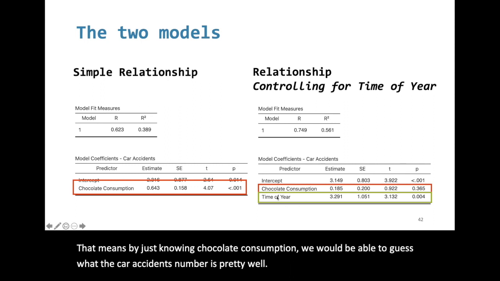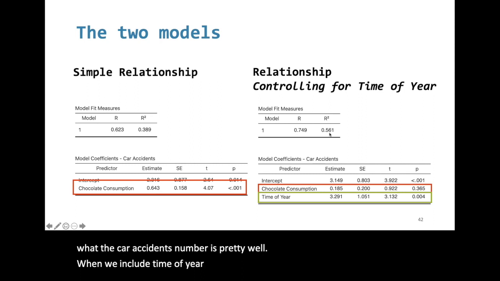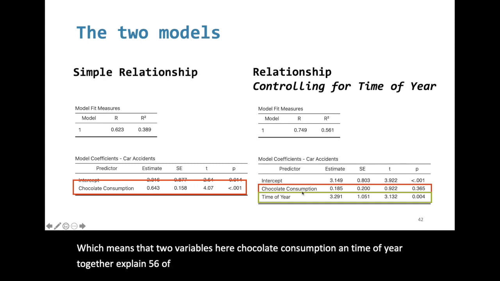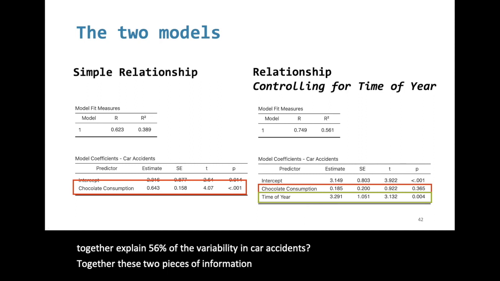But when we include time of year, it increases even more to 0.56, which means the two variables here, chocolate consumption and time of year together, explain 56% of the variability in car accidents. Together, these two pieces of information tell us a lot about car accidents.